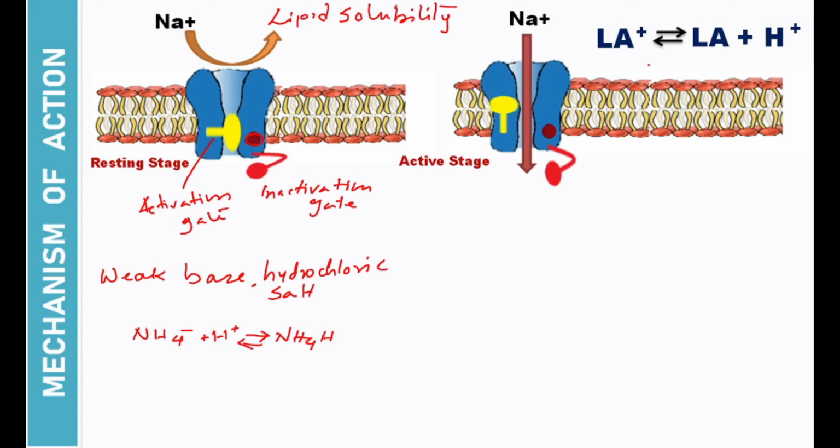They will convert into the unionized, lipophilic form. This unionized lipophilic form will cross the lipid bilayer and reach the axon.